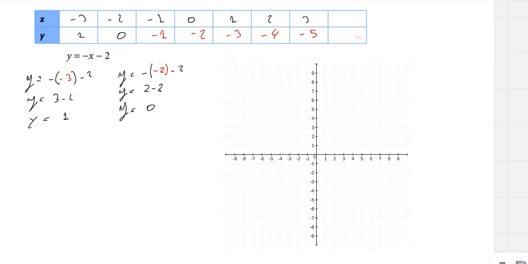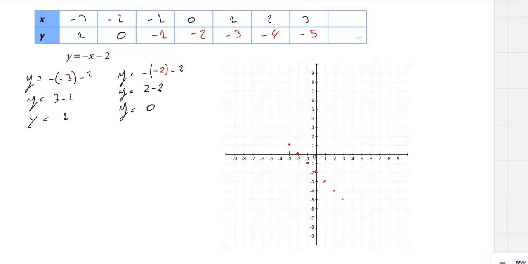Okay, so we determine the dots. -3, 1 over here. -2, 0 over here. -1, -1 over here. 0, -2 over here. 1, -3 over here. 2, -4 here. And 3, -5 here. Okay, so I have all these dots.